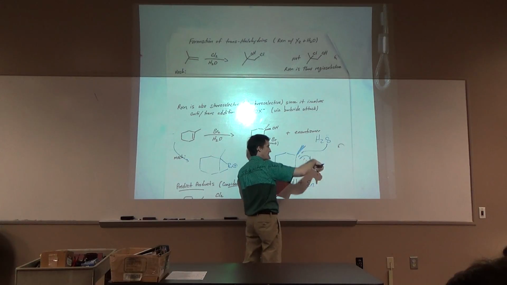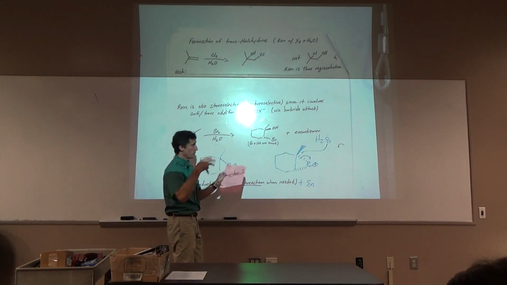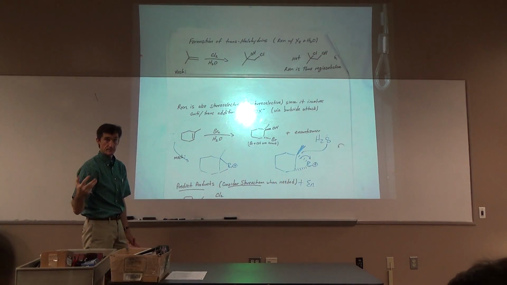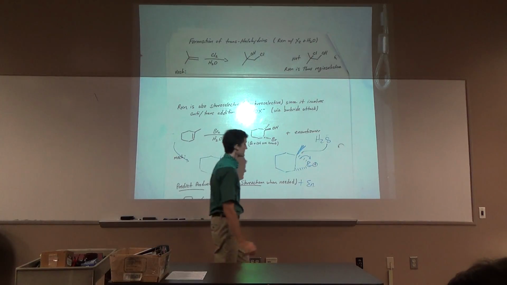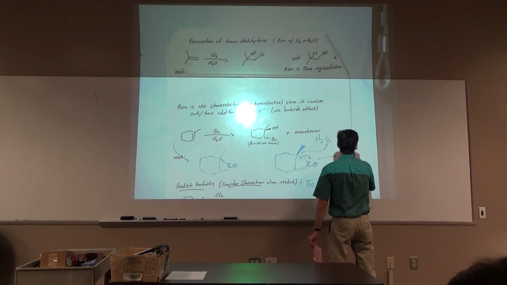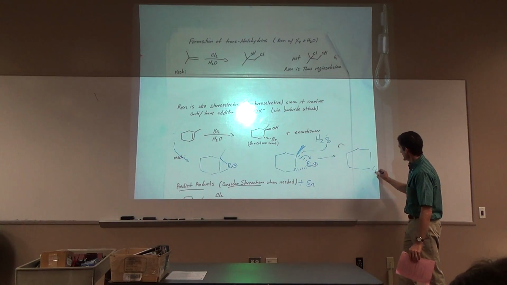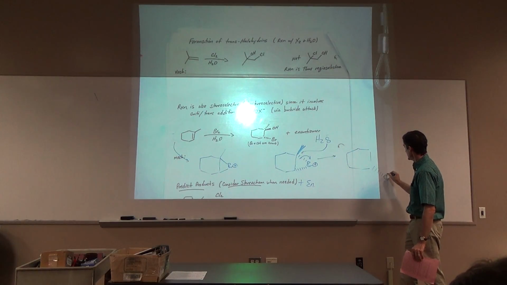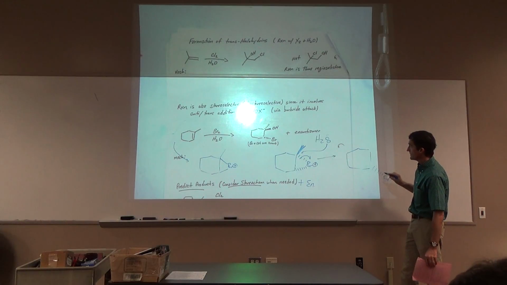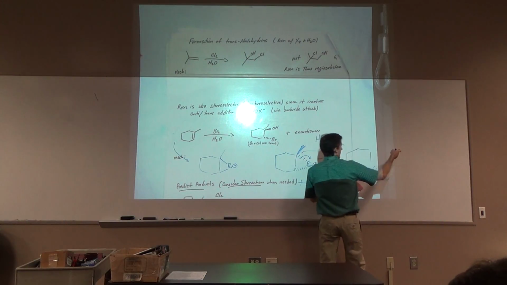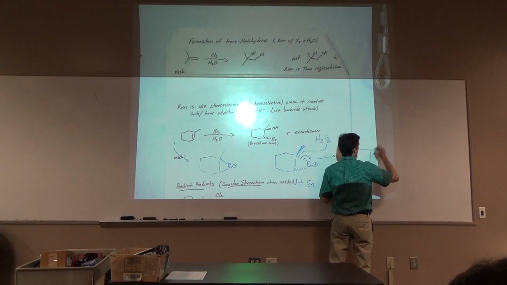It comes in and kicks off the bond, but in terms of forward or back, the water comes in forward. And so we get this; this just kicks off and it's still like that. The bond to the oxygen is now forward.